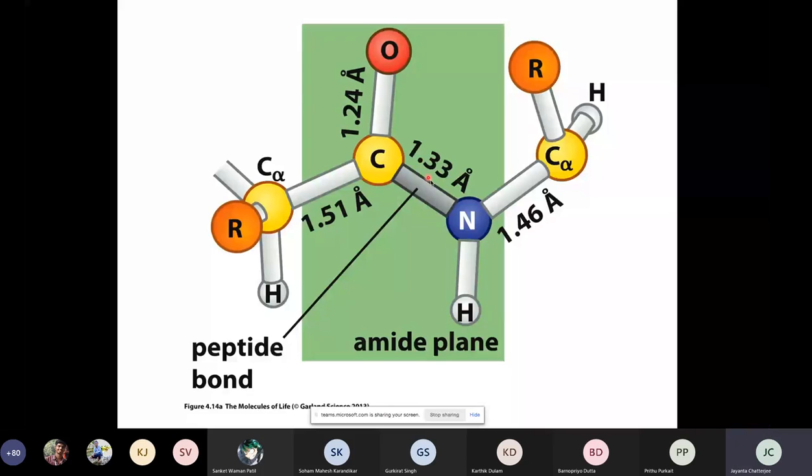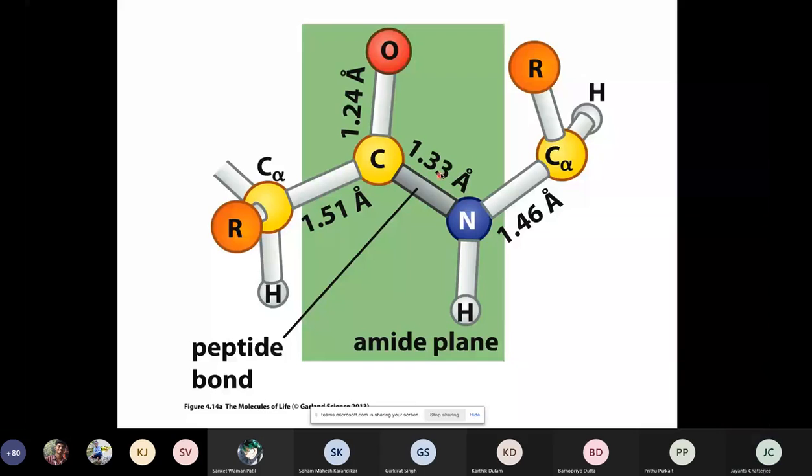You understand the rationale? This is the direct experimental demonstration that this is shorter because of partial double bond character, but here you don't have partial double bond character.